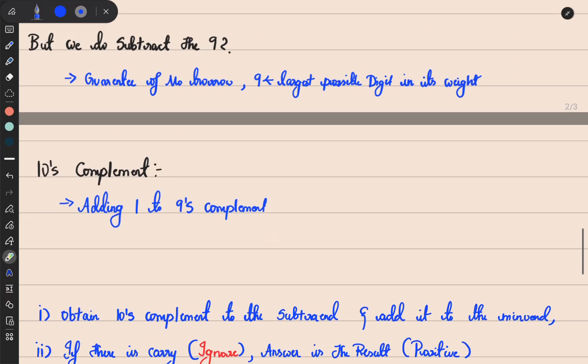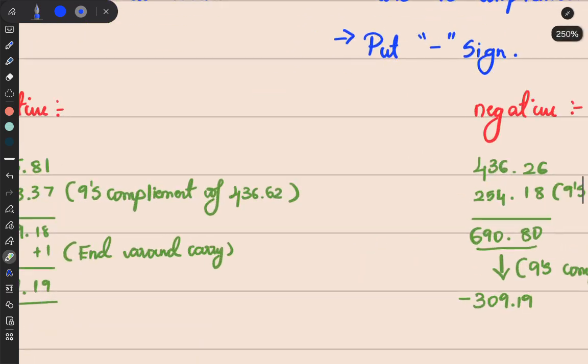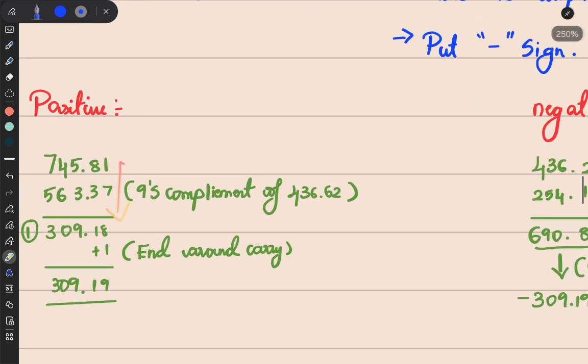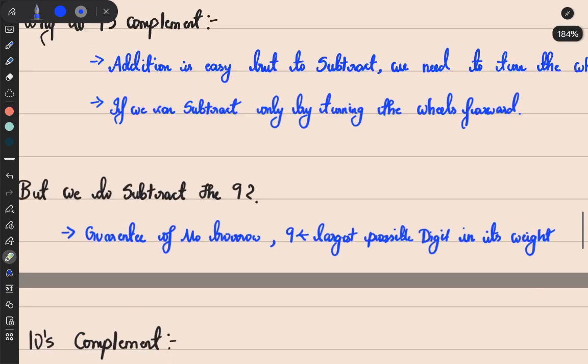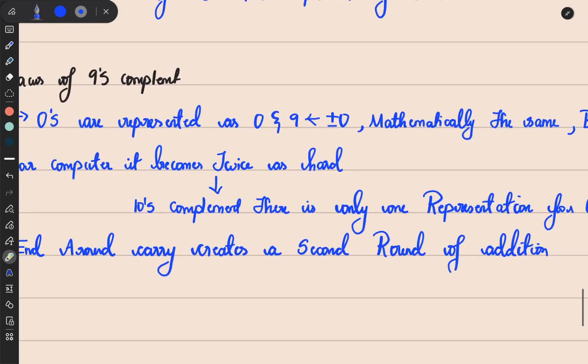And the end around carry creates a second round of addition. If we see here, this is the first round of addition, and after the first round of addition, when there is a carry, we take the carry and add it to the least significant digit. Now this is the first round of addition and this is the second round of addition.